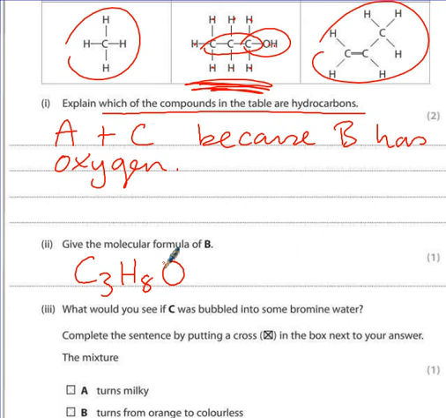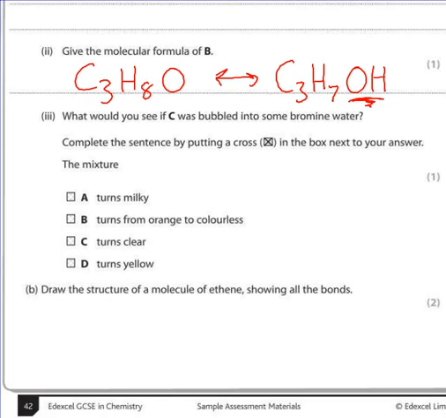You could give the structural formula, which would be C3H7OH, which is exactly the same. They're the same answers, only I've put the OH there because you see the OH is bonded separately on the end there. But both add up to the same. There's 8 hydrogens in both of those.